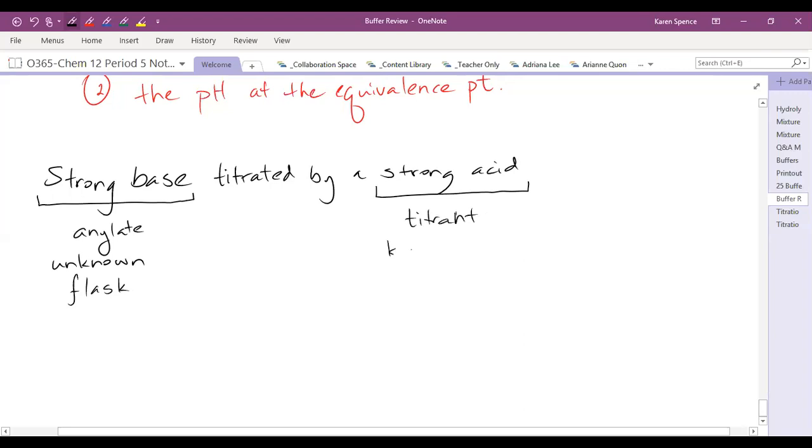It has a known concentration, and it is in the burette.